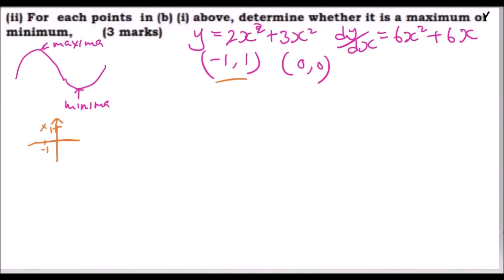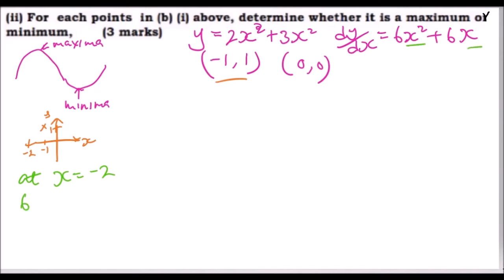So we can take, maybe this is our x, we can take minus 2, and we look at the nature of the gradient, whether it is positive or negative. So we say that x is equal to minus 2. We substitute in our gradient here.